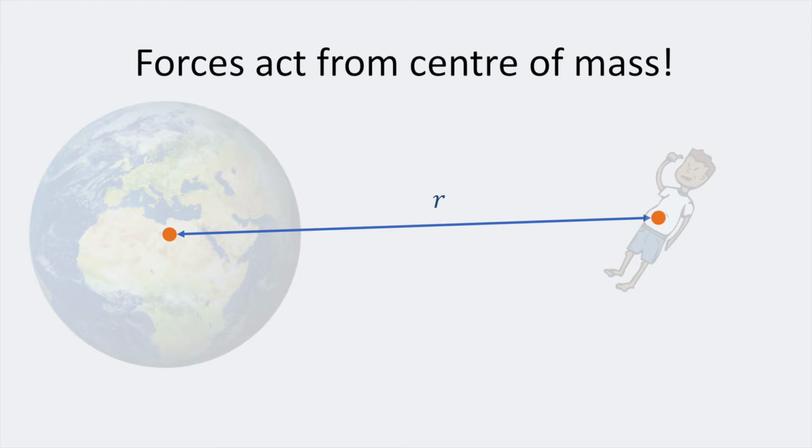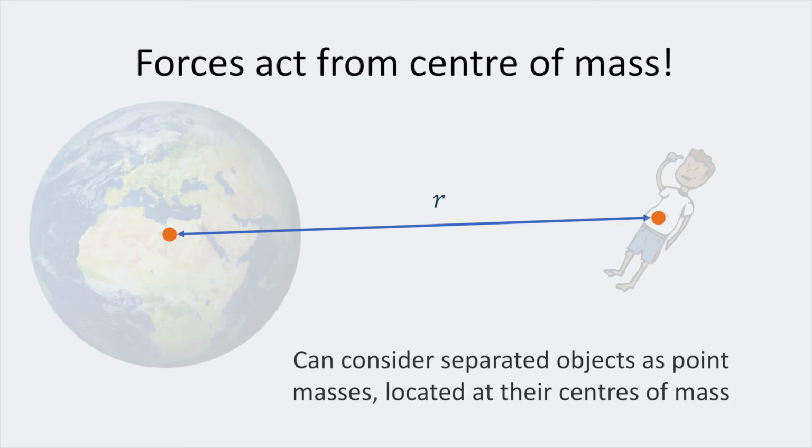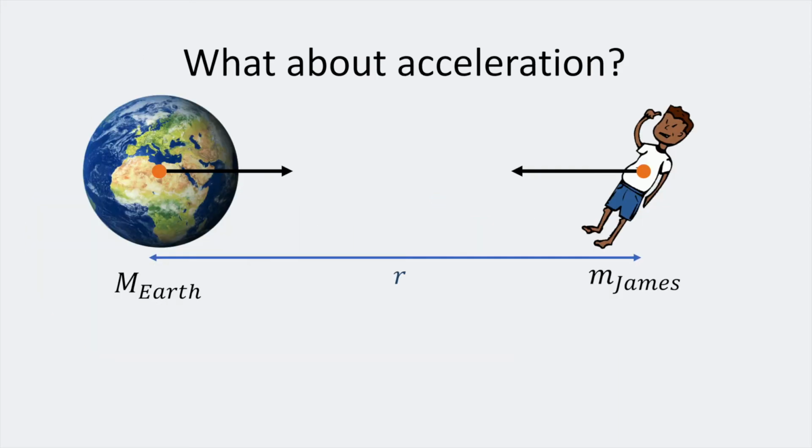So for example, Earth's center of mass is at the very center of Earth, and James's center of mass is probably somewhere around his belly. And it's between the centers of mass that we also measure the separation, r. So we can consider the separated objects as point masses, located at their centers of mass. The shape of the objects doesn't actually matter, as long as we know where the center of mass is.